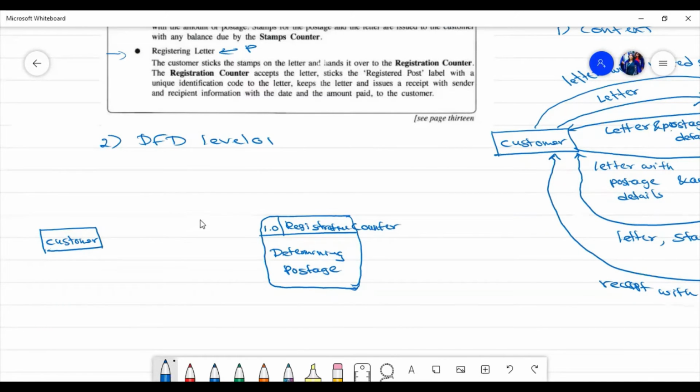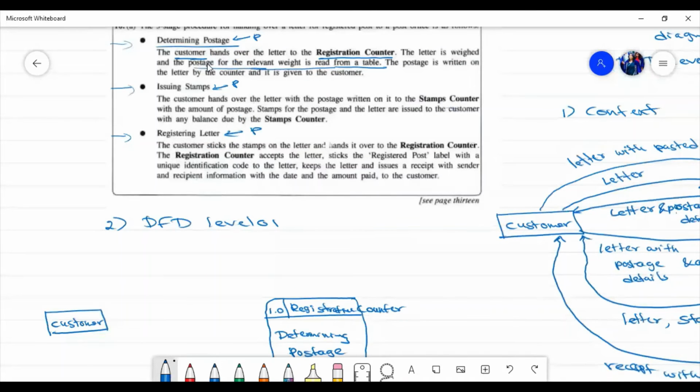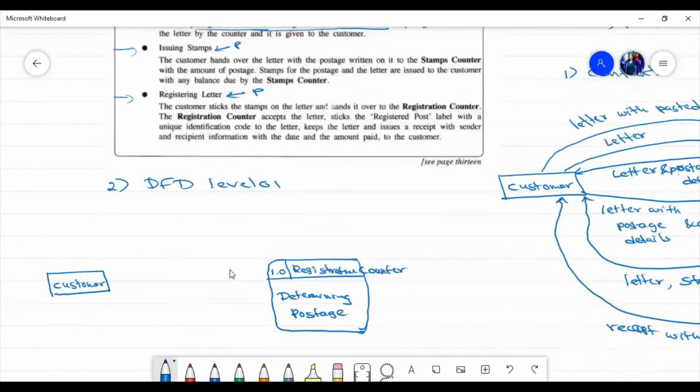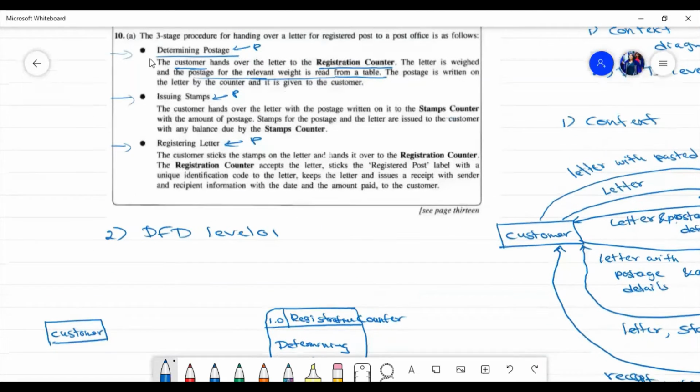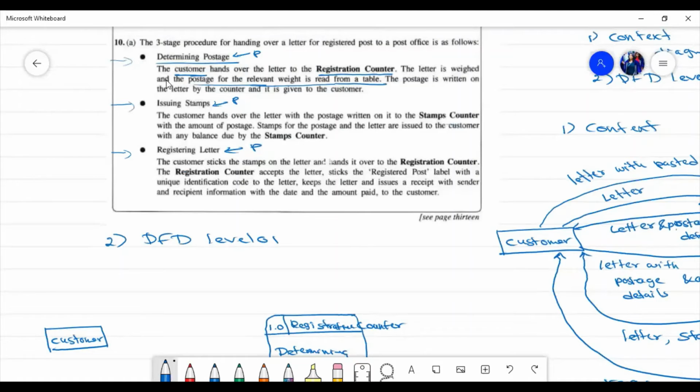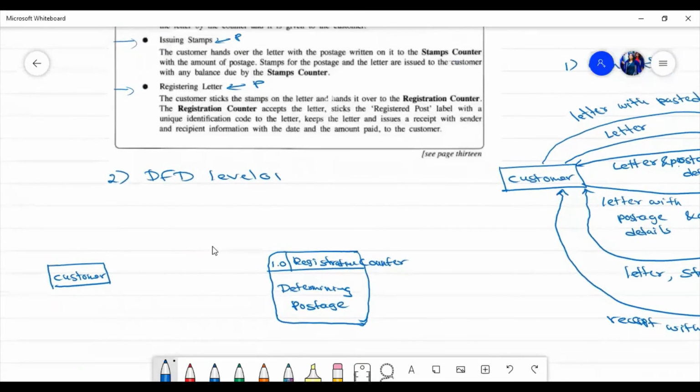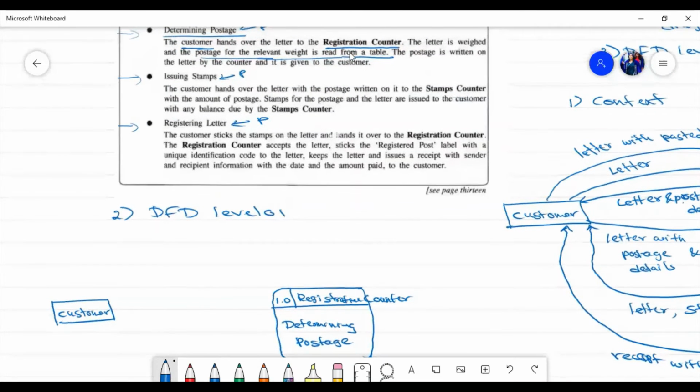So this is the first process that I can identify from the given scenario. That's why I have put 1.0 there. Normally we go step by step, meaning as we read the question, we identify the processes. That's the very first process I got, so I gave it 1.0. This number is not always denoting the order.